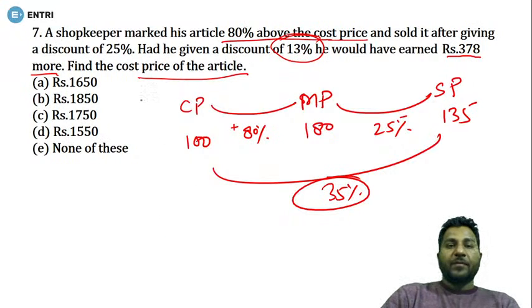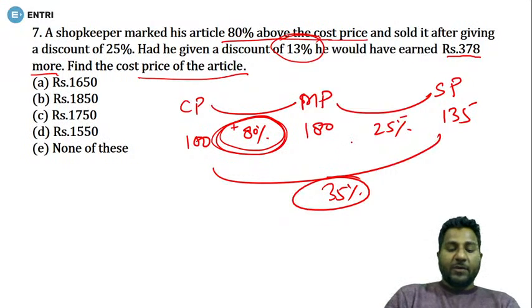So tell me, find the cost price of the article, because the higher is already there. Okay, let's take the difference between discount. So tell me what should be the correct answer.